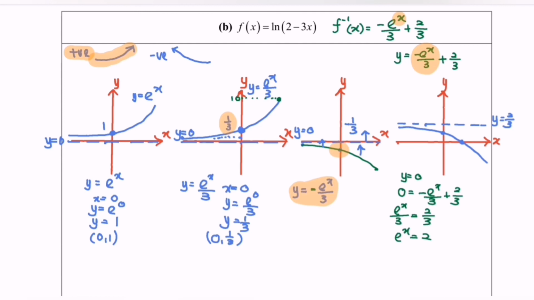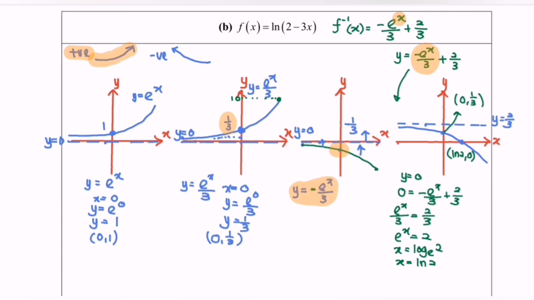This is the index form. Now I'm going to convert to log form, so x equals log base e of 2. As we all know, log base e is equal to ln, so x becomes ln 2. So the coordinate will be (ln 2, 0). And for this point, the value will be (0, 1 over 3). So this will be the function.